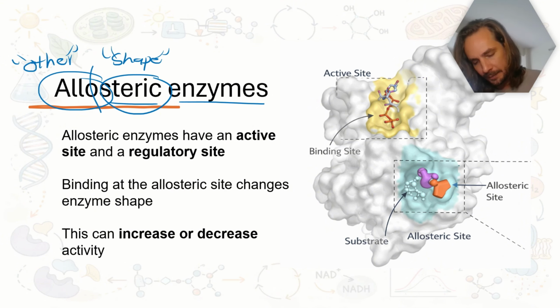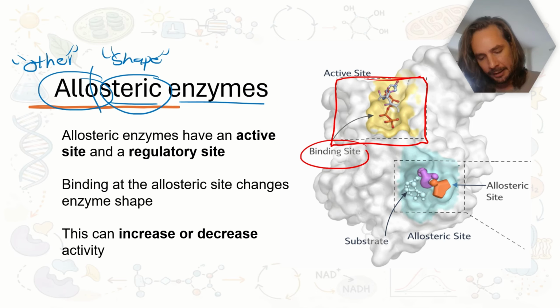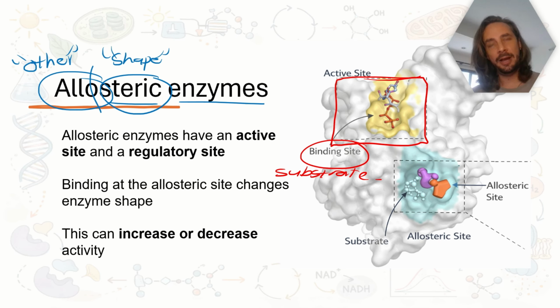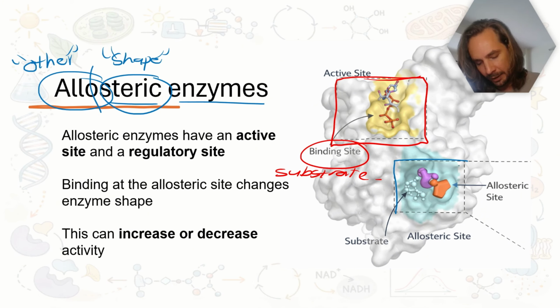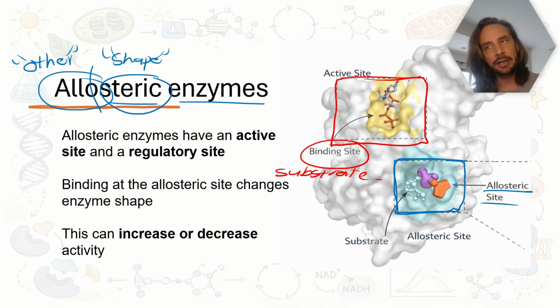So enzymes that we've already learned have an active site, and this is the binding site for these substrates. Now, some enzymes also have other shapes, and they have another space that is called the allosteric site.